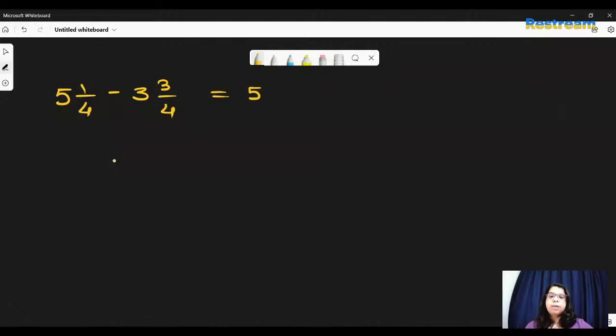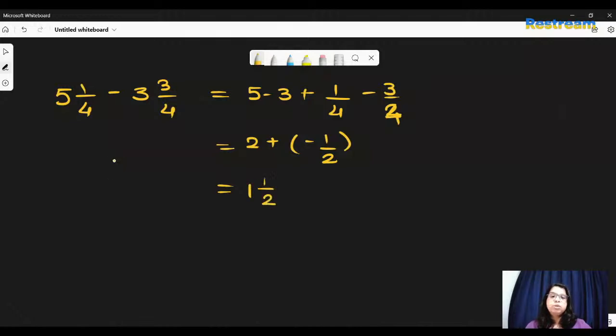Again, you can do 5 minus 3 plus 1 by 4 minus 3 by 4. So that is equal to 5 minus 3 is 2 plus 1 by 4 minus 3 by 4, which is minus 2 by 4. So it's minus 1 by 2. So answer is going to be 1 by 2 or 3 by 2 basically.